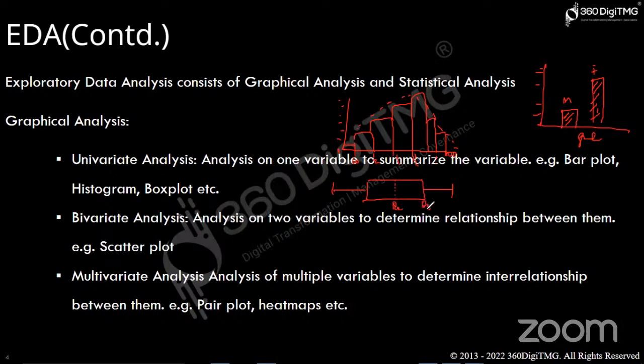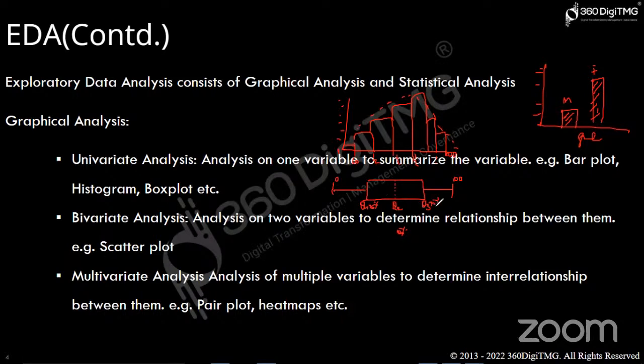And here I'll have quantile 3 and quantile 1. If I take my data as 0 to 100%, at quantile 1, I am going to have 25%. At quantile 2, I am going to have 50%. At quantile 3, I am going to have 75% of data.